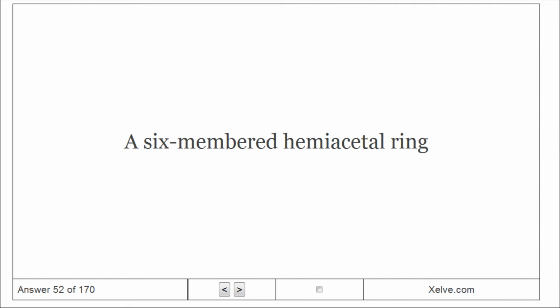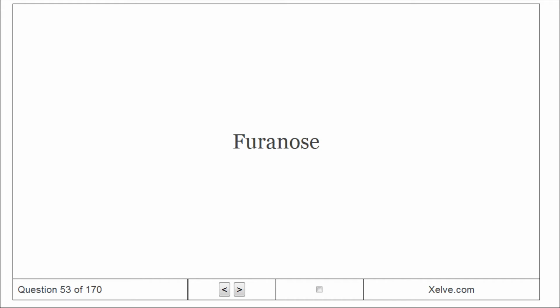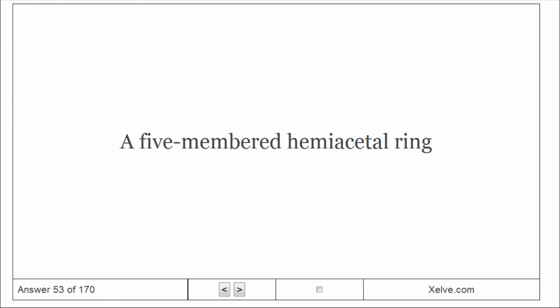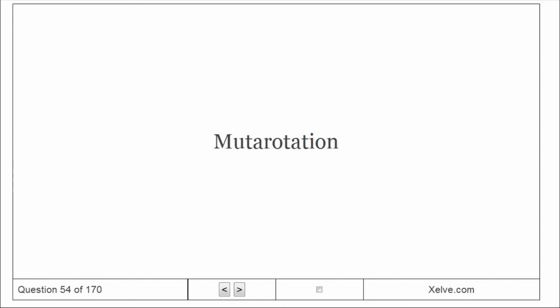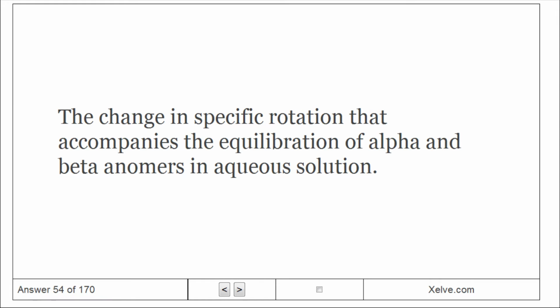A six-membered hemiacetal ring. Furanose. A five-membered hemiacetal ring. Mutarotation. The change in specific rotation that accompanies the equilibration of alpha and beta anomers in aqueous solution.